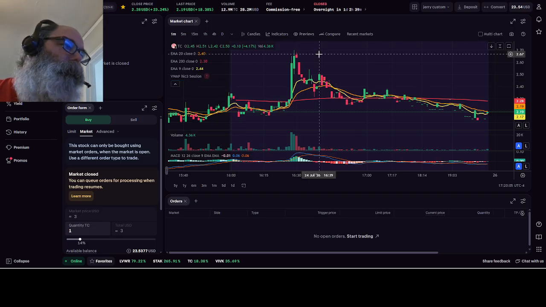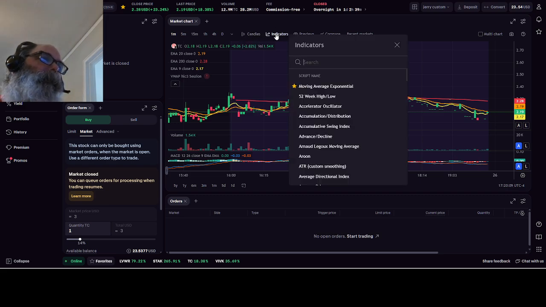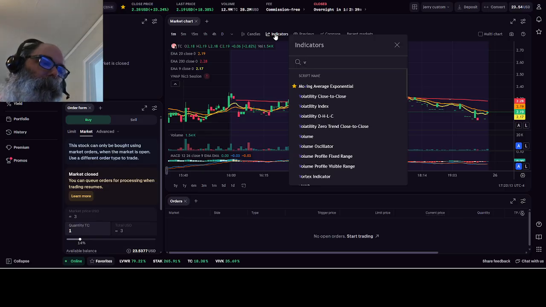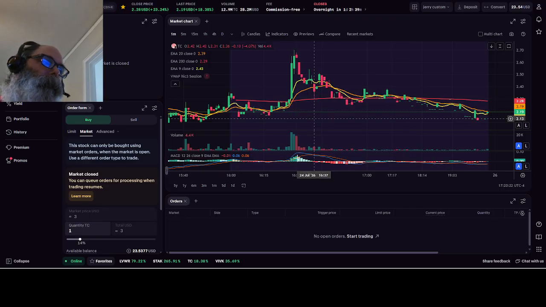The next thing you want to set up is your volume. You want to set up the volume because you want to know how many people are participating in this. The volume indicates how strong the participation is.